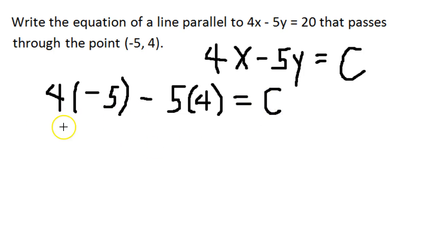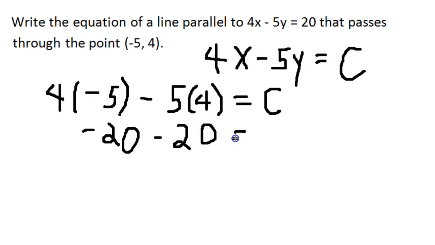And then simplifying this, we have 4 times -5, which is -20, minus 5 times 4, which is also 20, and that will be equal to c. Putting those together, -20 plus -20 is -40, so c is equal to -40.